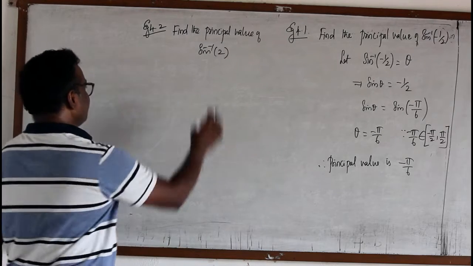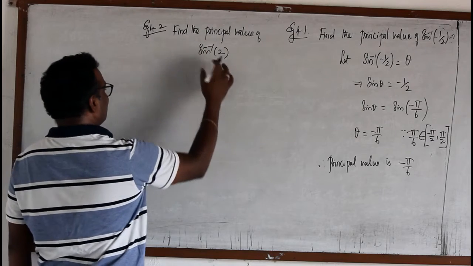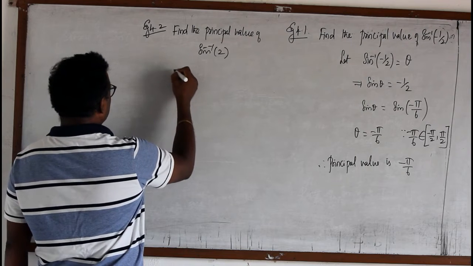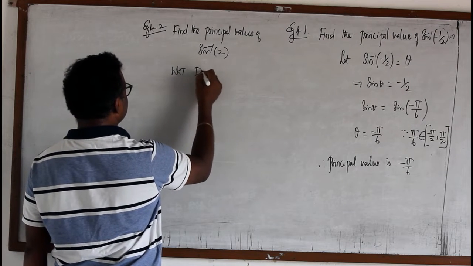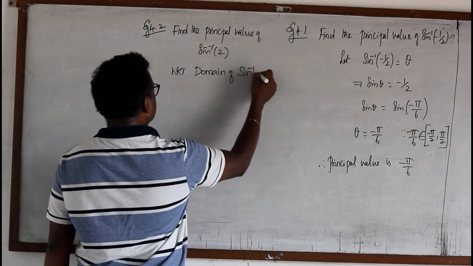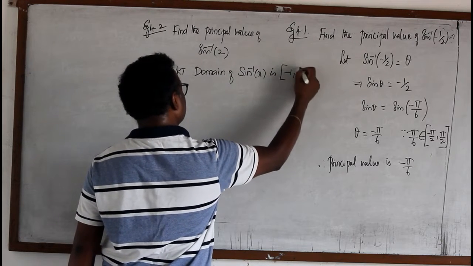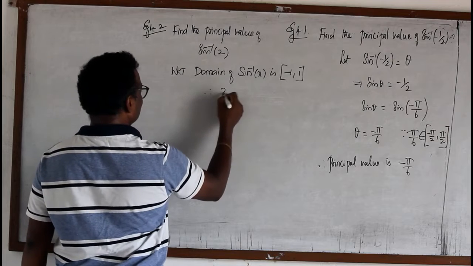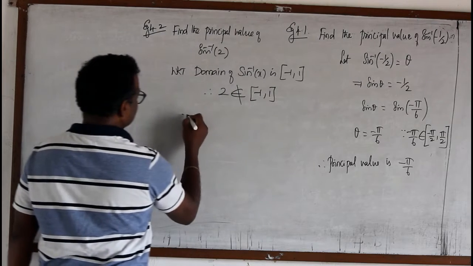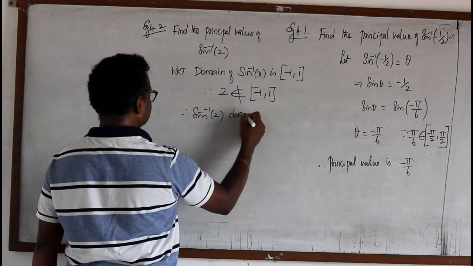Now we can see this 2 must be coming from the domain, where the domain of sine inverse of x is minus 1 to plus 1 only. Therefore, this 2 does not belong to minus 1 to plus 1. Therefore, sine inverse of 2 does not exist.